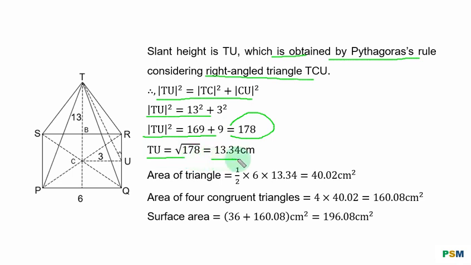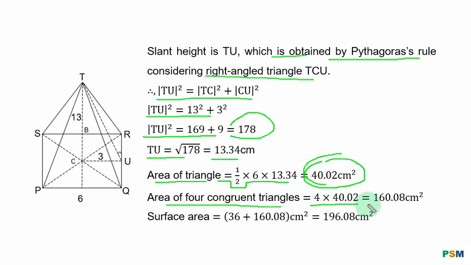13.34 cm. Area of triangle is equal to 1/2 times the base 6 times the height. When you multiply and divide, you have 40.02 square centimeters. Area of 4 congruent triangles is multiplying area of one of them by 4 in this form.